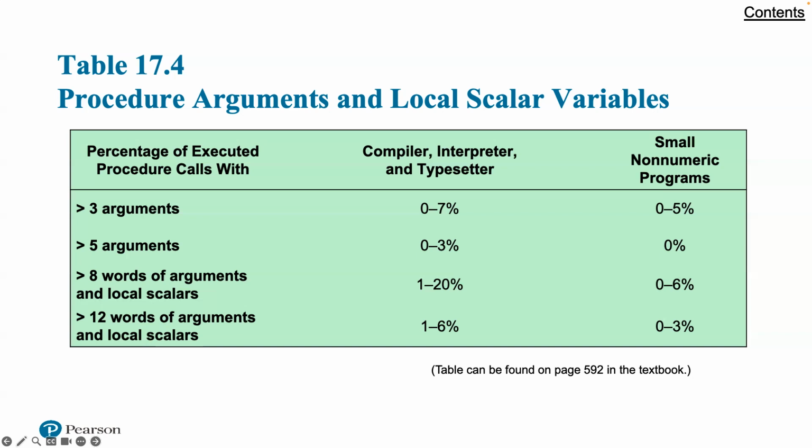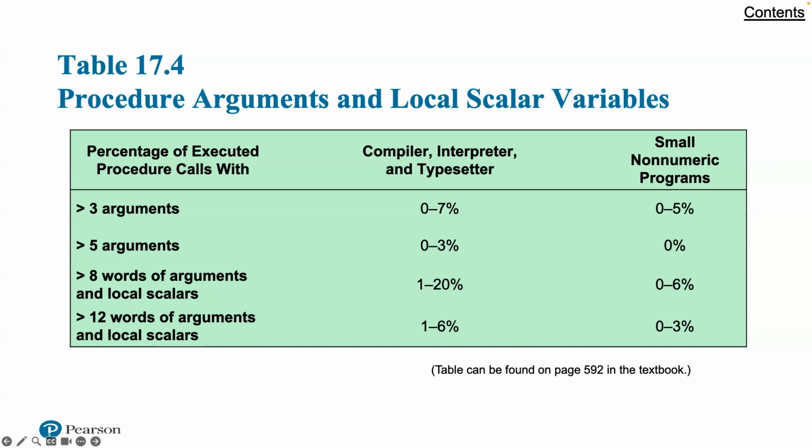A study by Tannenbaum, who has nice textbooks on operating systems, if you haven't seen it, found that 98% of dynamically called procedures were passed fewer than 6 arguments, and that 92% of them had fewer than 6 local scalar variables. Similar results were reported by the Berkeley RISC team, as shown in table 17.4, which we're showing here.